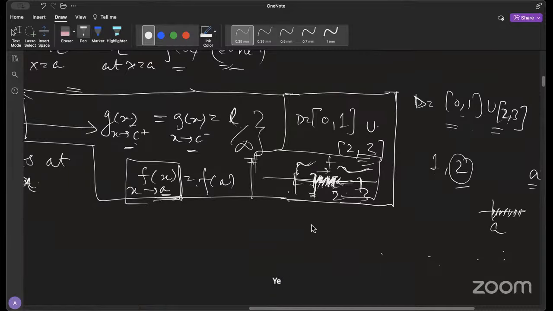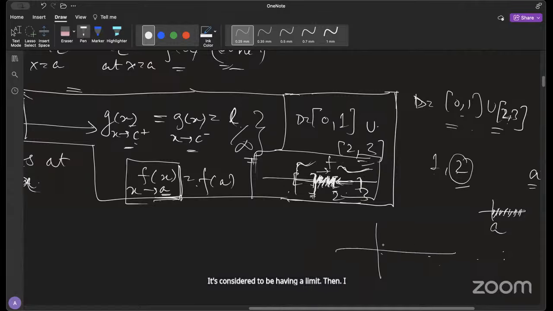So there's no right-hand limit at 1. Left-hand limit is still applicable there. Ma'am, if only one limit is available, right-hand or left-hand, then does it have a limit or not? It's considered to be having a limit then.